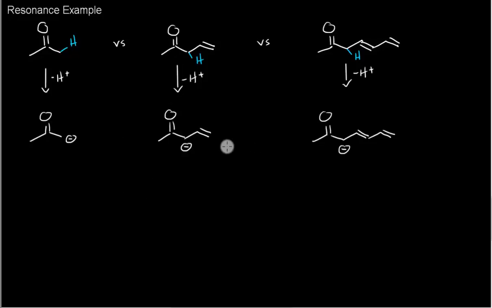For each one of these, just like with the carboxylic acid, we can do some type of resonance. For this molecule right here, we can show these electrons delocalizing up here. For the molecule in the middle, we can show that exact same kind of flow. We can do this particular electron delocalization step, but this molecule in the middle actually has a second option.